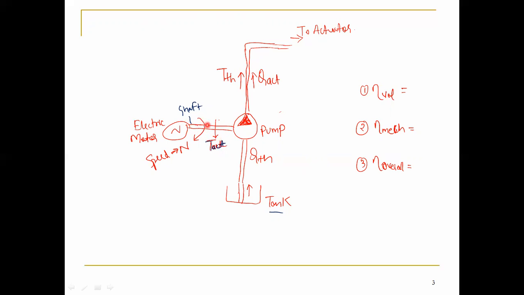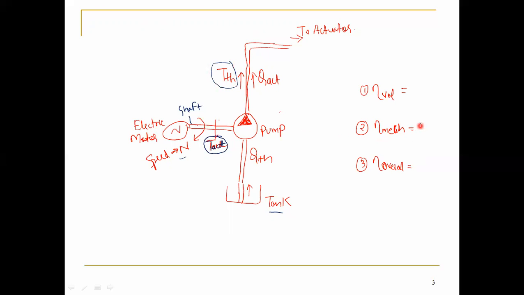What is the actual power delivered to the pump? It comes from the electrical motor. Since the shaft has the speed, here we get the actual torque, at the pump inlet. Then after the pump rotates, at the output I will get the theoretical torque.